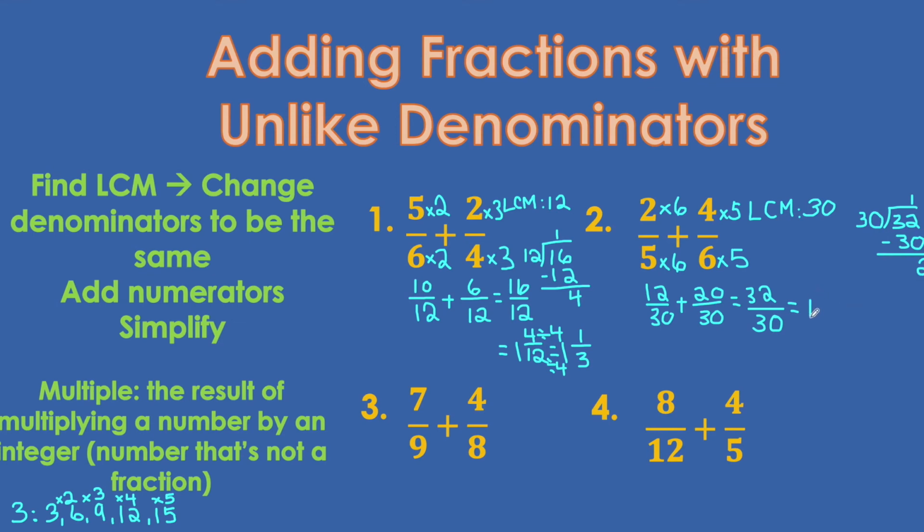Then we have 1 and 2 30ths, which can be simplified even more to 1 and 1/15th. We can just divide top and bottom by 2.